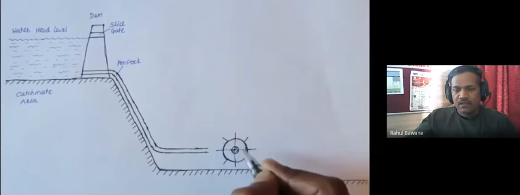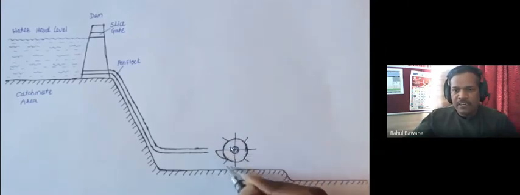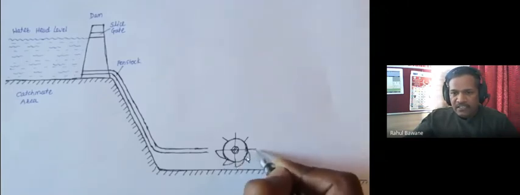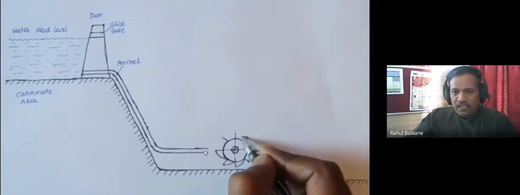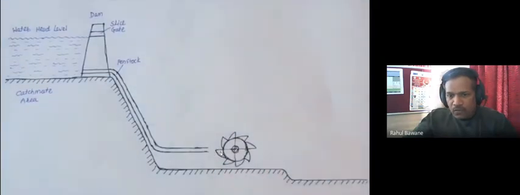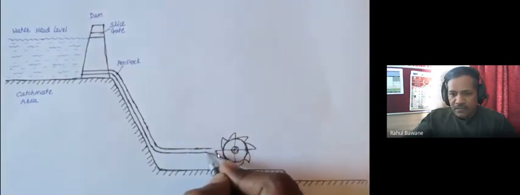Now the simplest way is to draw one circle, divide it into 8 parts, and make buckets in such a direction that we can assume water will be stored in a bucket, and due to the water impact, it will rotate. So once this blade moves ahead, the second blade will come in front.